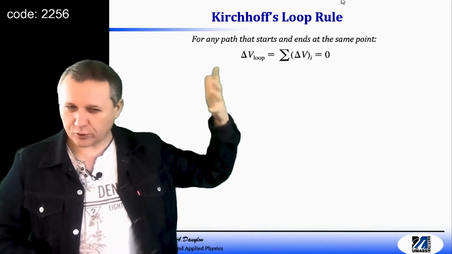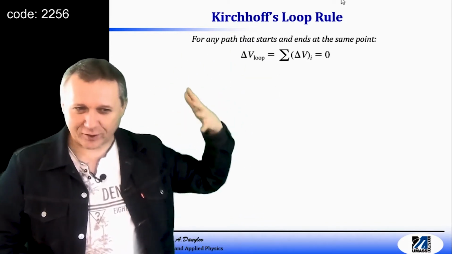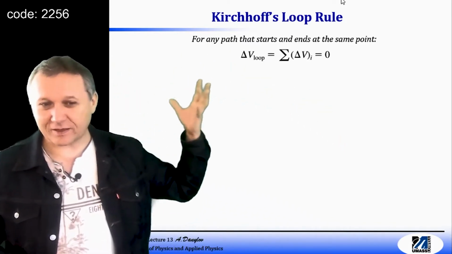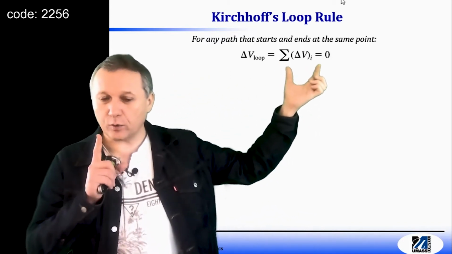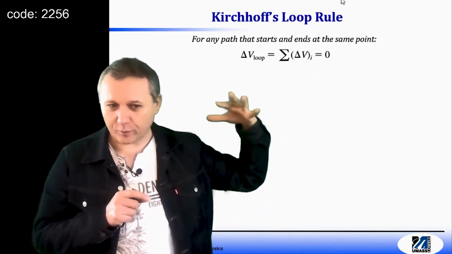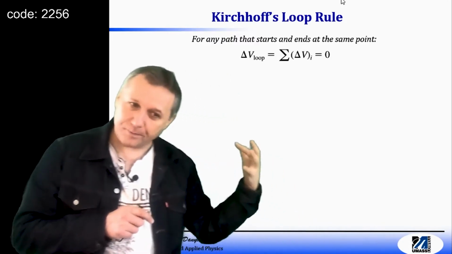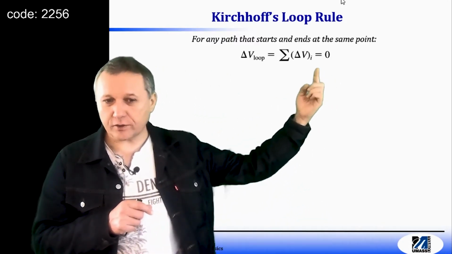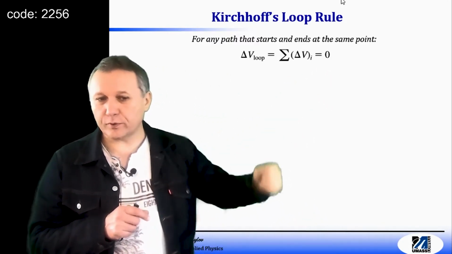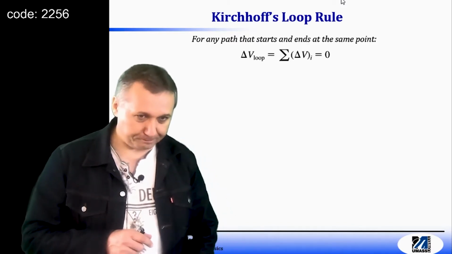I want to say voltage drops, but sometimes voltage can go up, for example if you go across the battery. If you count all the potential differences across each element in that loop, when you get back to your starting point, you're supposed to end up with 0.